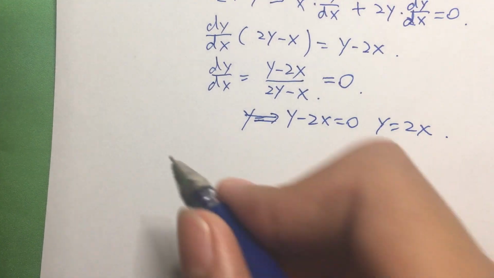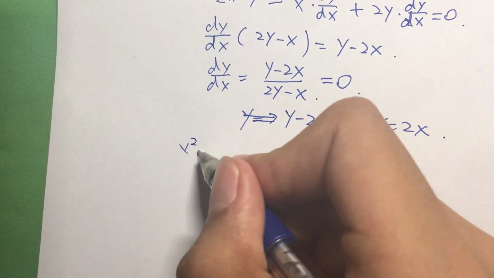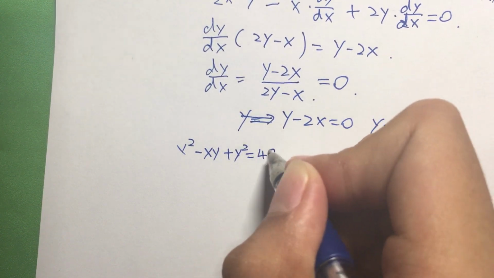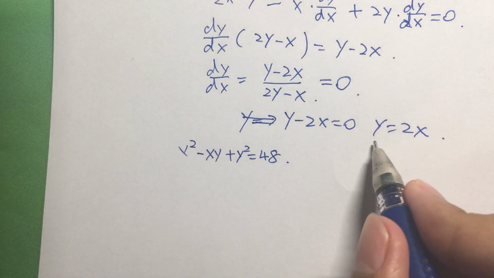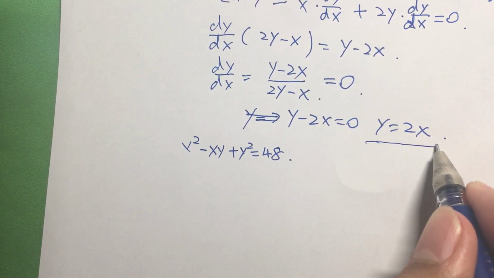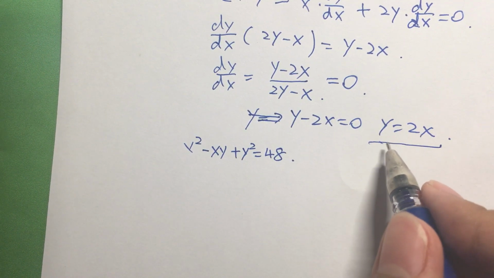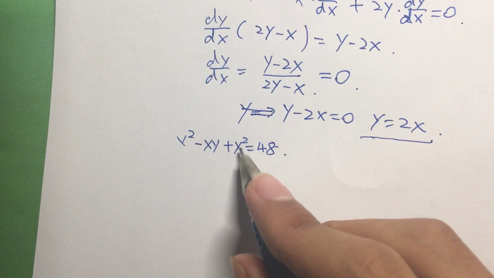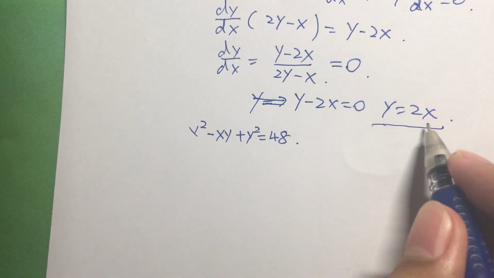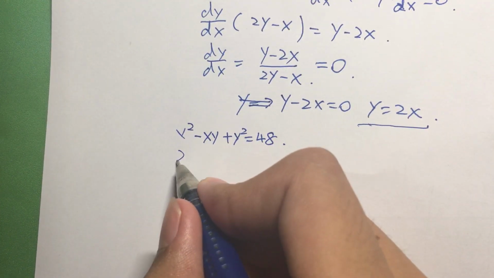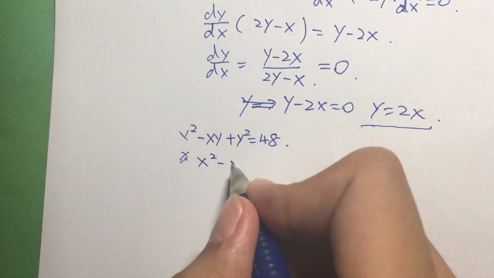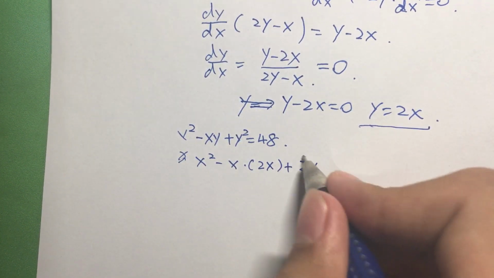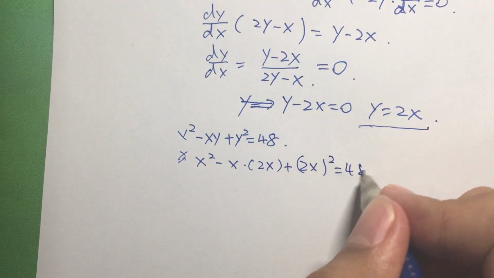Okay, so now firstly because our function is x squared minus xy plus y squared equals 48, and we get y equals 2x for our stationary points. This means if we want to know what the stationary points are, we need to substitute back into the original equation. So we will get x squared minus x times 2x plus 2x bracket squared equals 48.